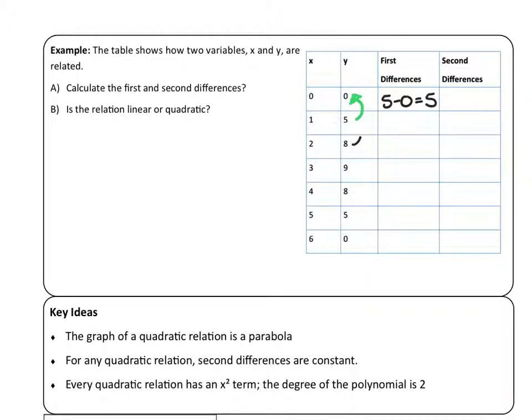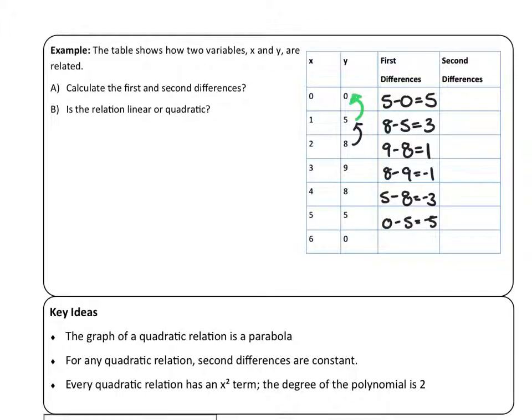Then we're going to do it again. 8 minus 5. And we'll keep going. 9 minus 8. 8 minus 9. 5 minus 8. And 0 minus 5.